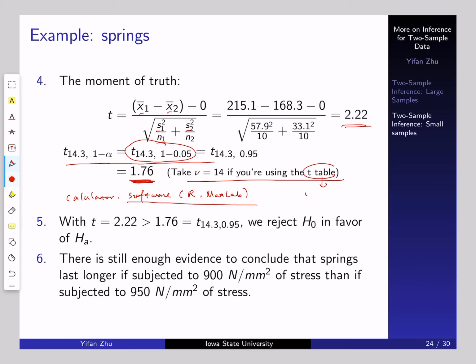So if you use a t table, then you need to round it down to 14 and find the corresponding 1 minus alpha quantile.